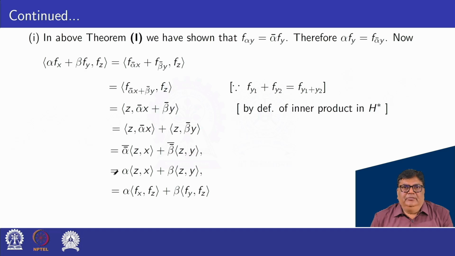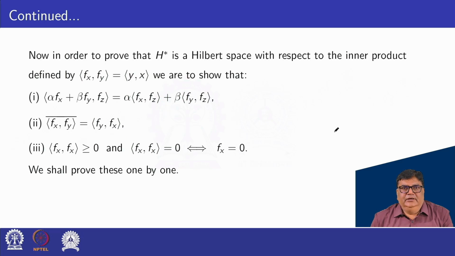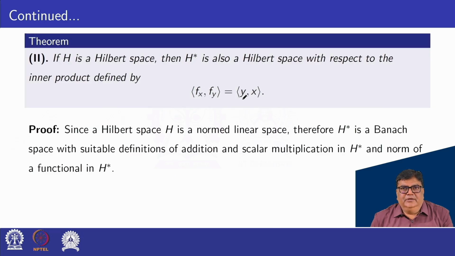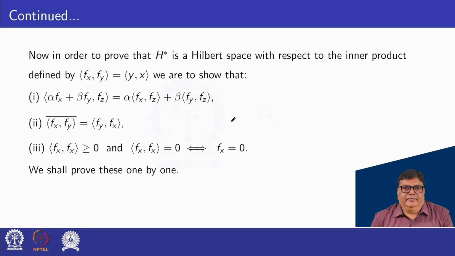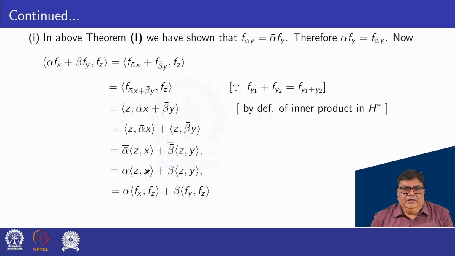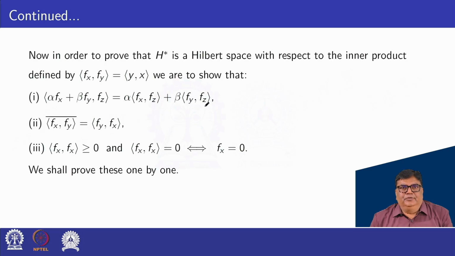So this can be written as α times the inner product of z and x plus β times the inner product of z and y. Again, by the definition of inner product in H star, the inner product of y and x can be written as the inner product of f_x and f_y. So this can be written as α times the inner product of f_x and f_z plus β times the inner product of f_y and f_z. So the first is proved here.